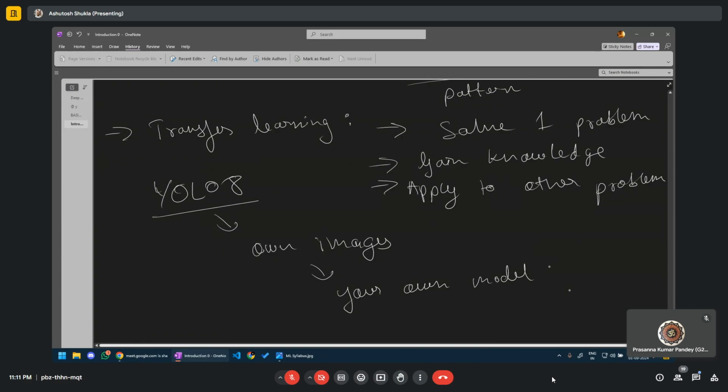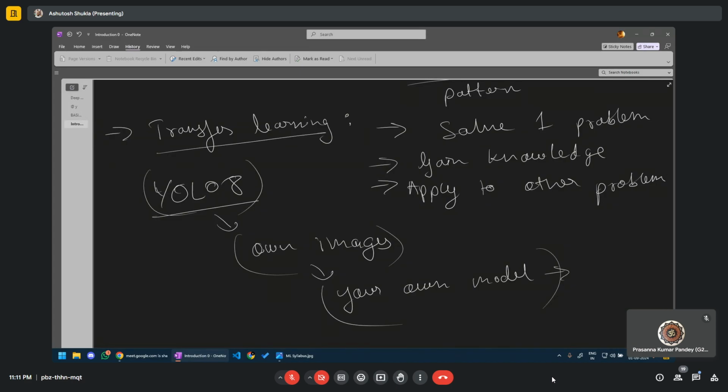Suppose you wanted to just recognize a laptop in an image, so your model would just recognize laptop. You transferred some learning from an already existing model to train on your own data set, and you got your own model out of that. So that's an example of transfer learning.